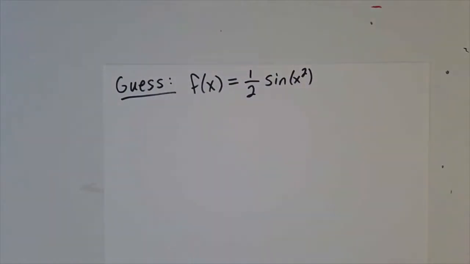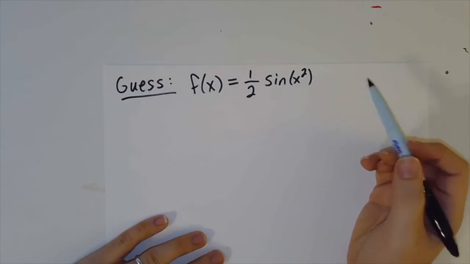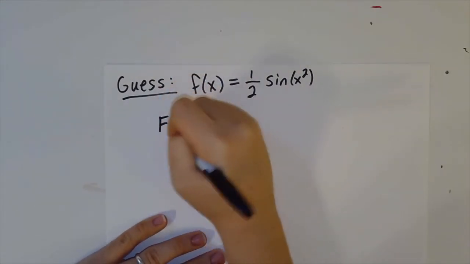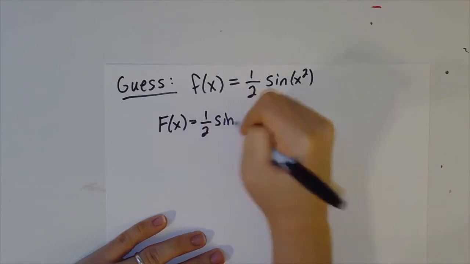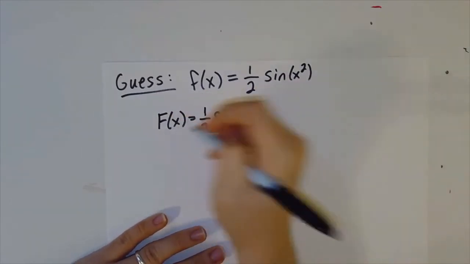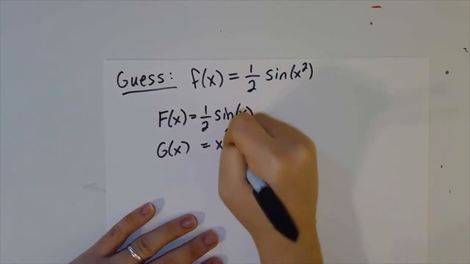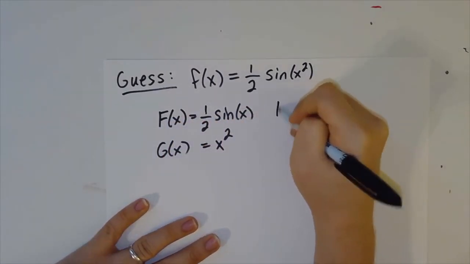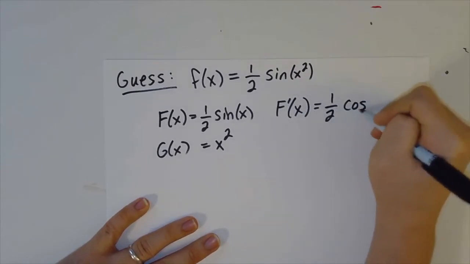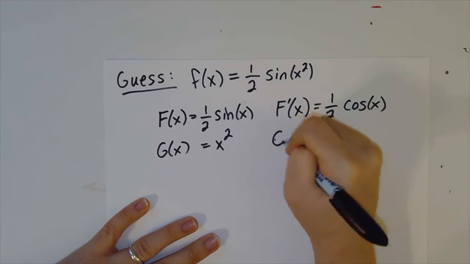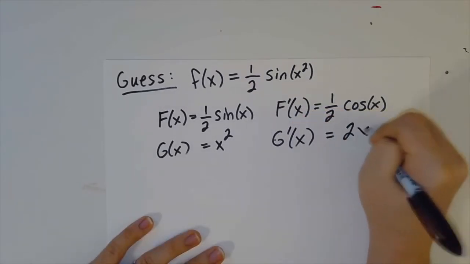And so what happens here? Well, when I take the derivative, I'm going to need to use the chain rule, so I'll spell that out here. So my outside function here is 1/2 of sine of x. My inside function here is x squared. So f prime is 1/2 of cosine of x. My g prime is 2x.